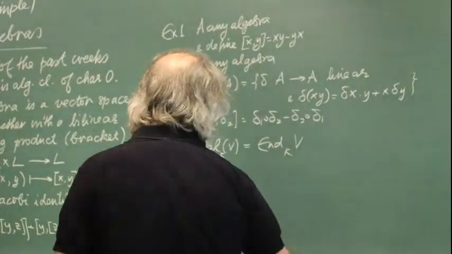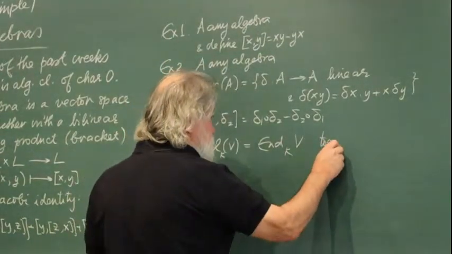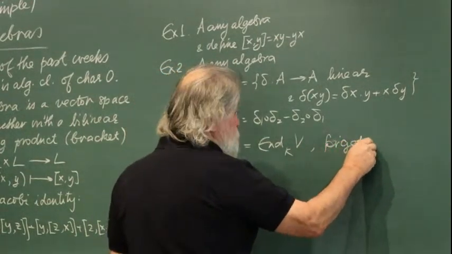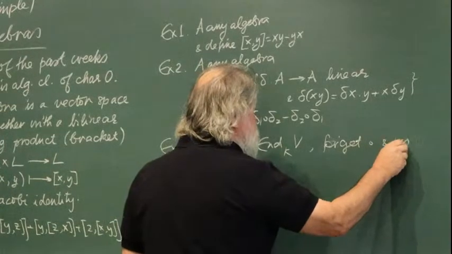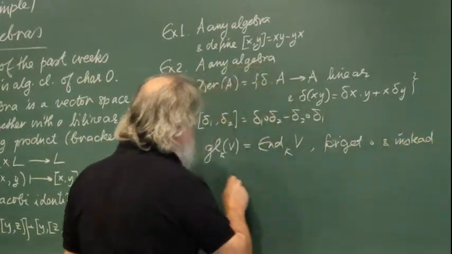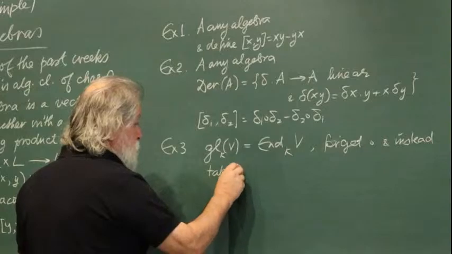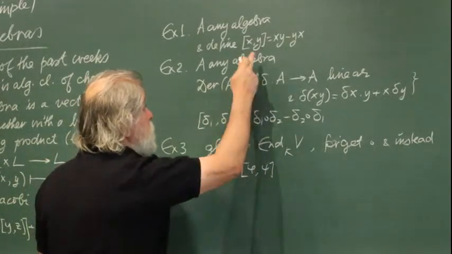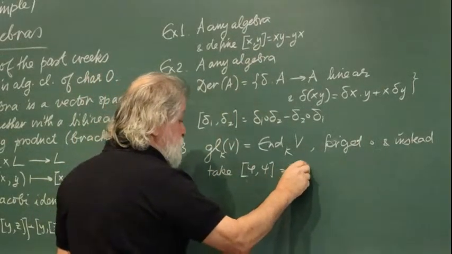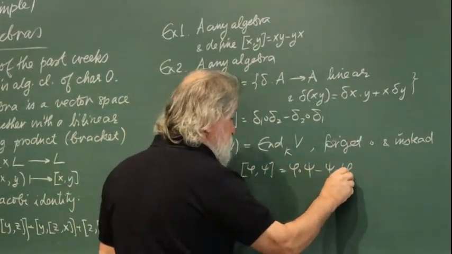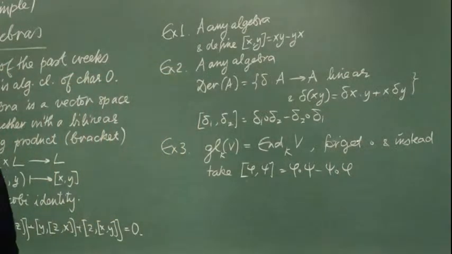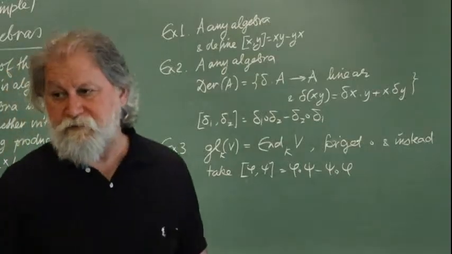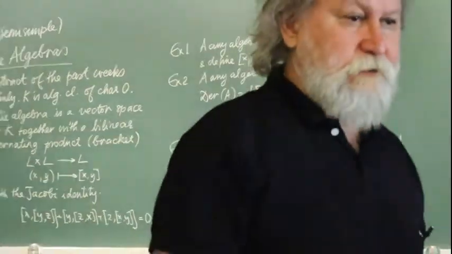You forget multiplication, forget composition, and instead take bracket operation. [phi, psi] is equal to phi composed with psi minus psi composed with phi. And you have, of course, subalgebras of these. These are called linear Lie algebras.